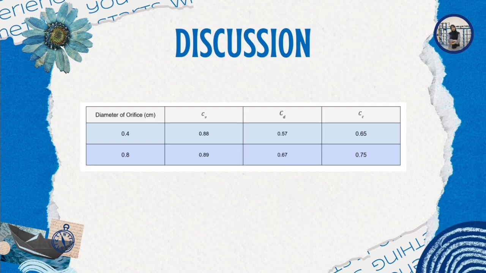Both values are less than 1 because of energy losses caused by friction, turbulence, and flow contraction. Overall, the experiment shows that increasing the orifice diameter increases the discharge, and the results agree with hydraulic flow theory.